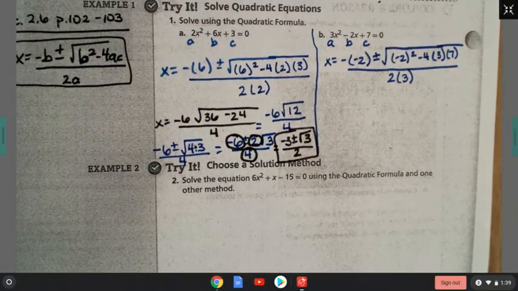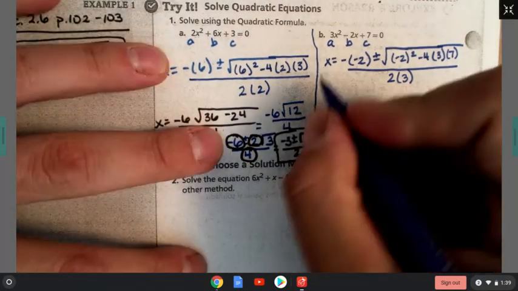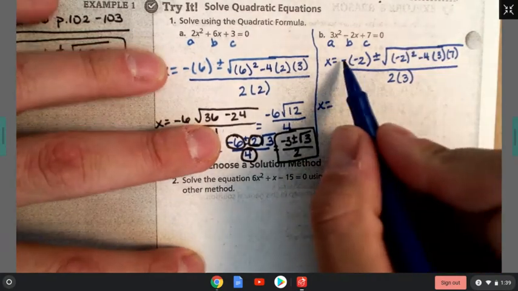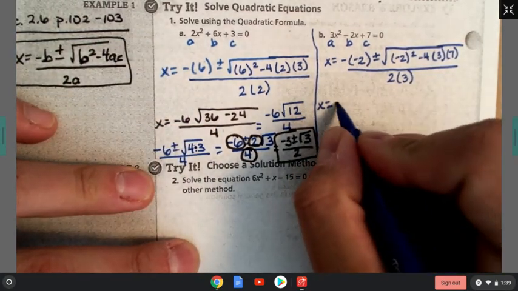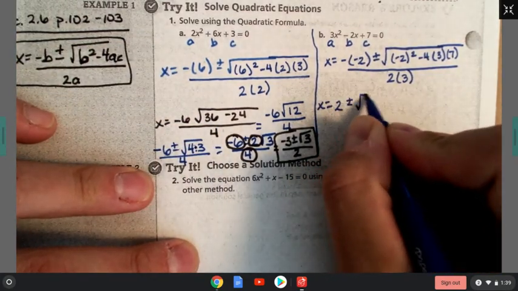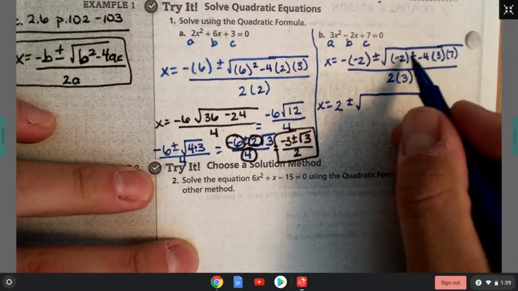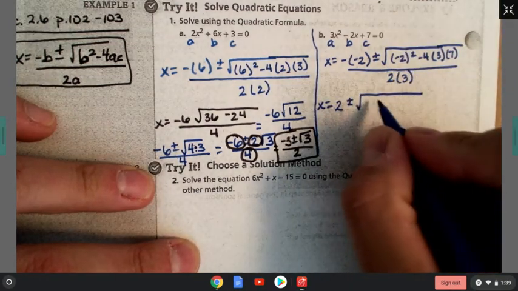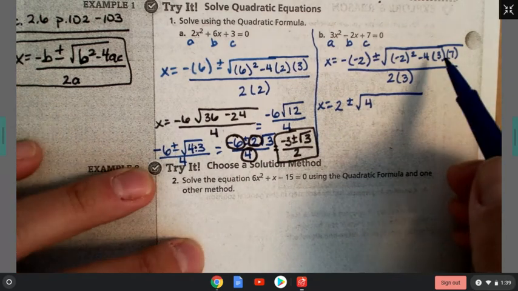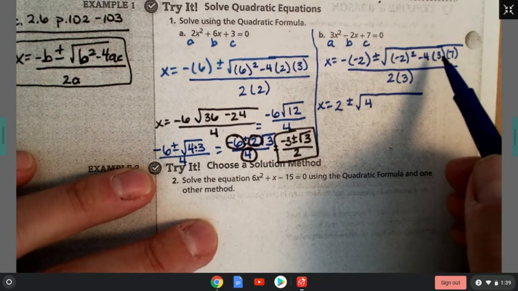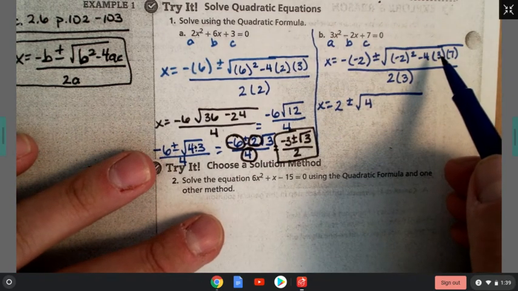All right? And now we need to simplify it. So these two negatives become a positive. Square root. Negative 2 squared, you can use your calculator to help you out, is 4. Negative 4 times 3 is negative 12.